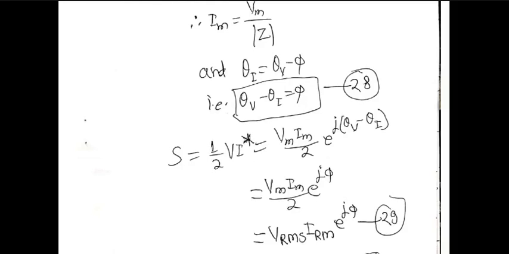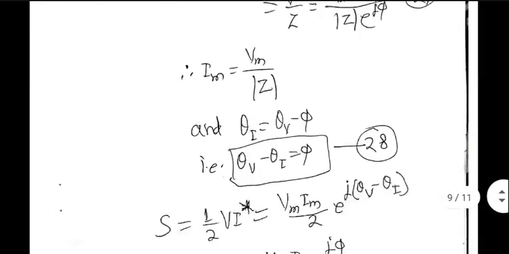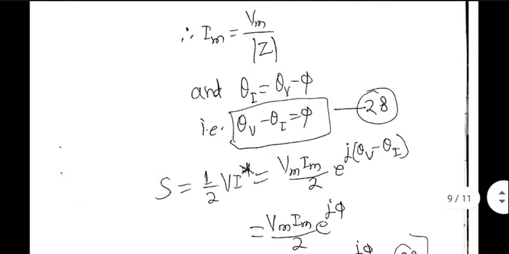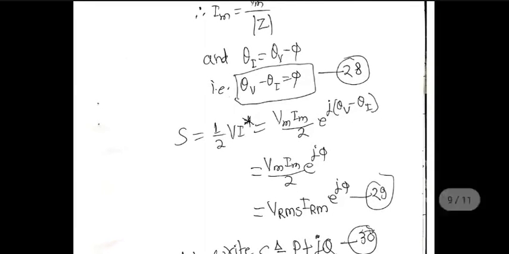I'm multiplying the two to get Vm Im divided by 2 e to the power j (theta V minus theta I). And theta V minus theta I is phi. So the complex power in a series RLC circuit is Vm Im divided by 2 multiplied by e to the power j phi. Vm divided by square root of 2 is Vrms. Im divided by square root of 2 is Irms.